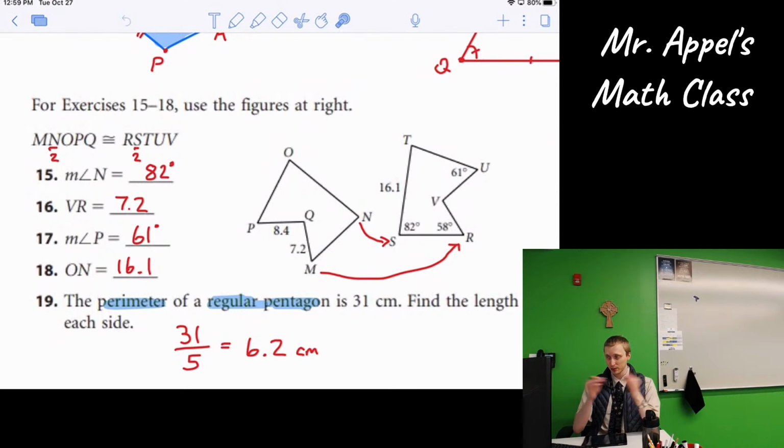Those vertices are the ones corresponding to each other, so those angles will correspond. That's how you know N has to be the 82-degree corner. And if you want to put this shape on top of the other, I think you would actually have to flip it over. You can't just rotate it like I demonstrated yesterday. It'd have to be a pancake flip over.